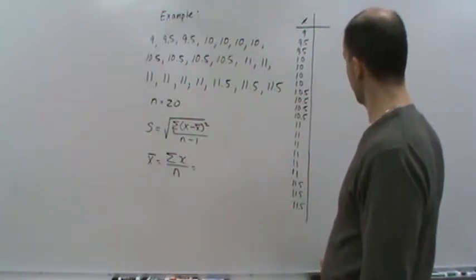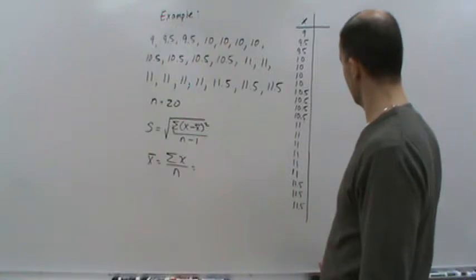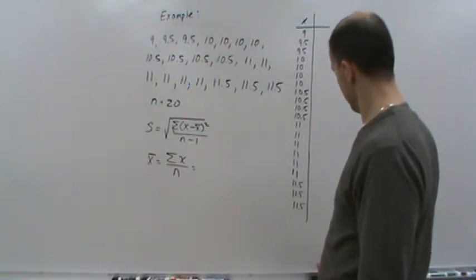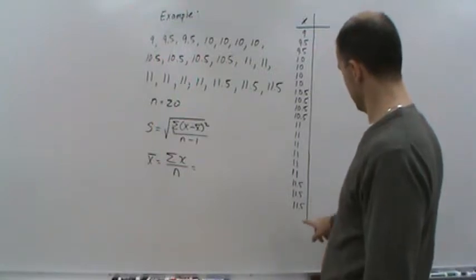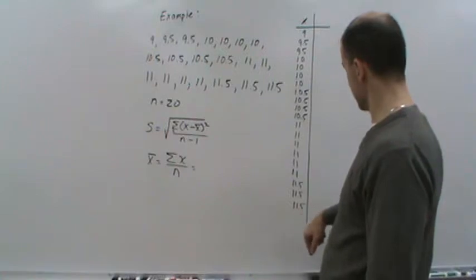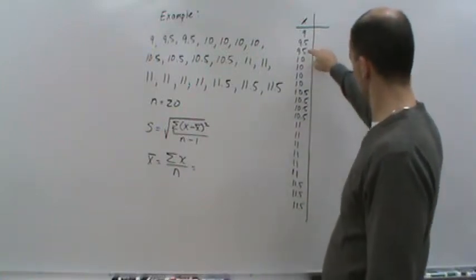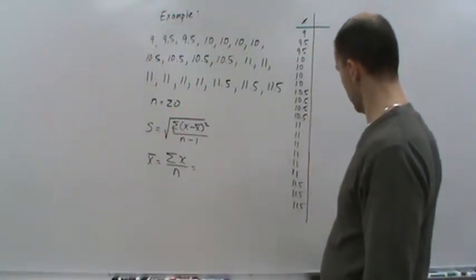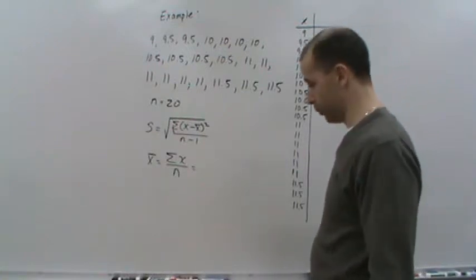Just want to make sure I'm not missing anything. Yeah, 197 plus 9 is 206, and then plus 1, 2, 3, 4, so 210.5.